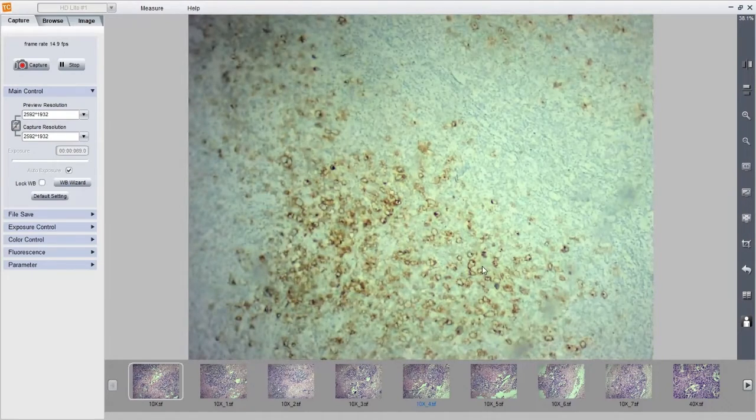You see here, there is a membrane with a Golgi dot-like staining, Golgi-type staining. You have to see that Golgi dot-like staining, which is very characteristic of Hodgkin lymphoma. So these large cells are positive for CD30, showing a membranous as well as a dot-like Golgi staining. So the cells are positive for CD30, negative for CD20.